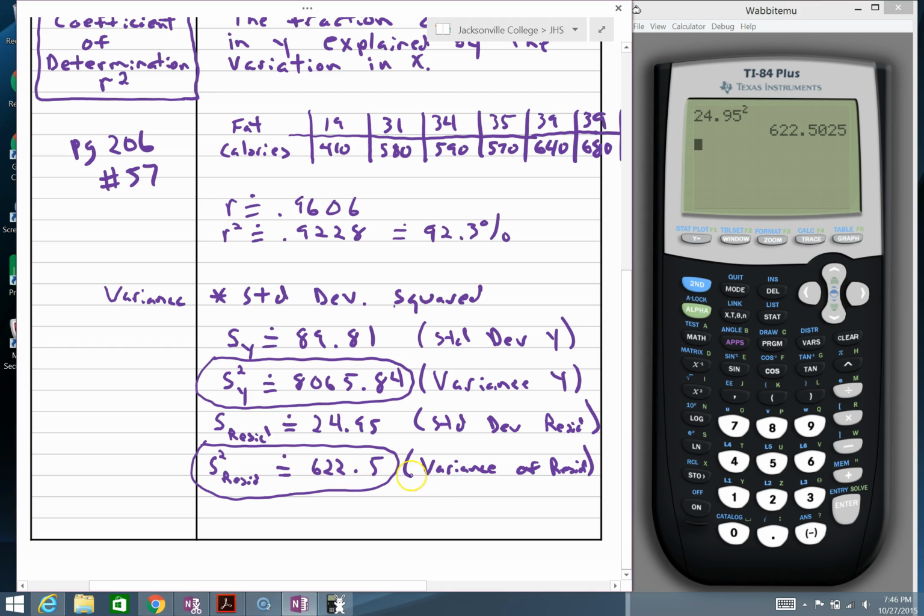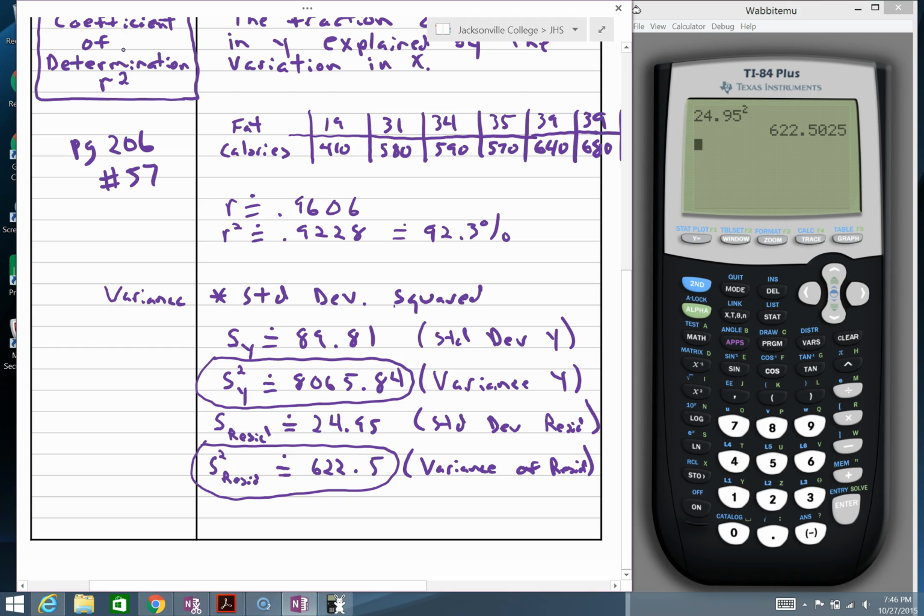This number here is the variance of my residuals. It is the part that's unexplained by the model. It's what we're not accounting for. So if I look at the fraction, this divided by this would be what is not explained by the model. So the rest of it would be what is explained. The rest would be the coefficient of determination.